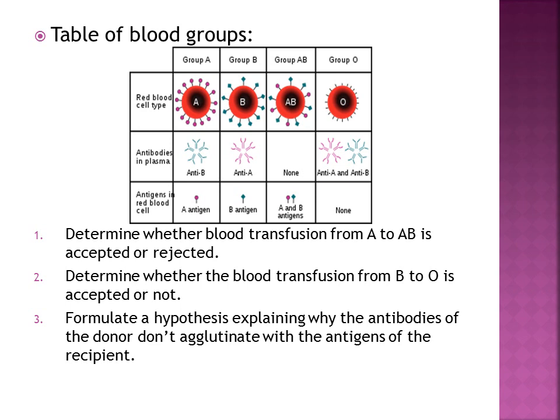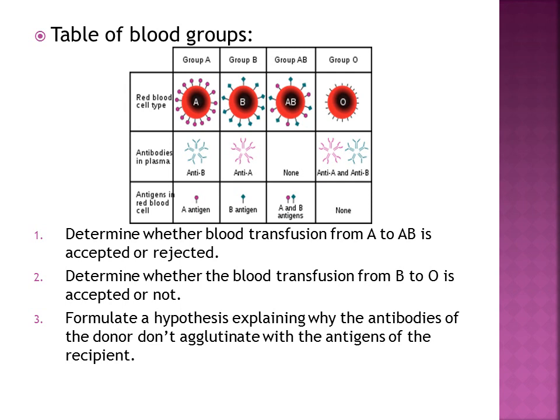Blood group A has on the membrane of red blood cells a self-marker, which is antigen A, and in the plasma antibodies called anti-B.